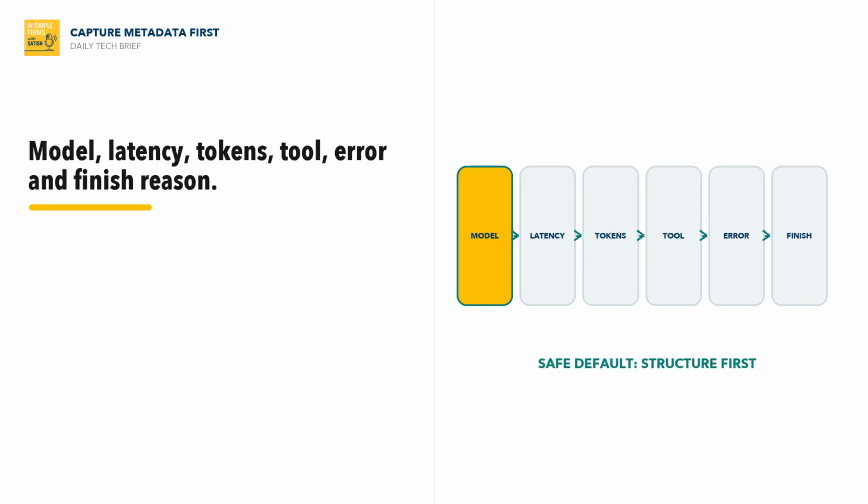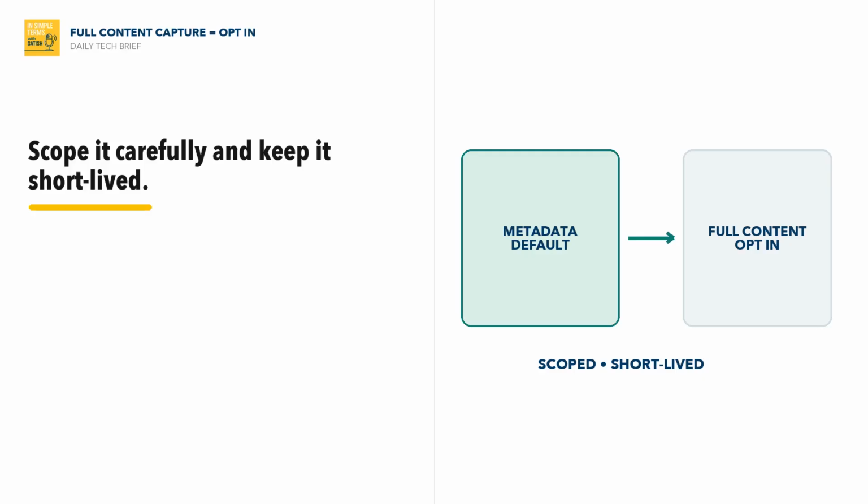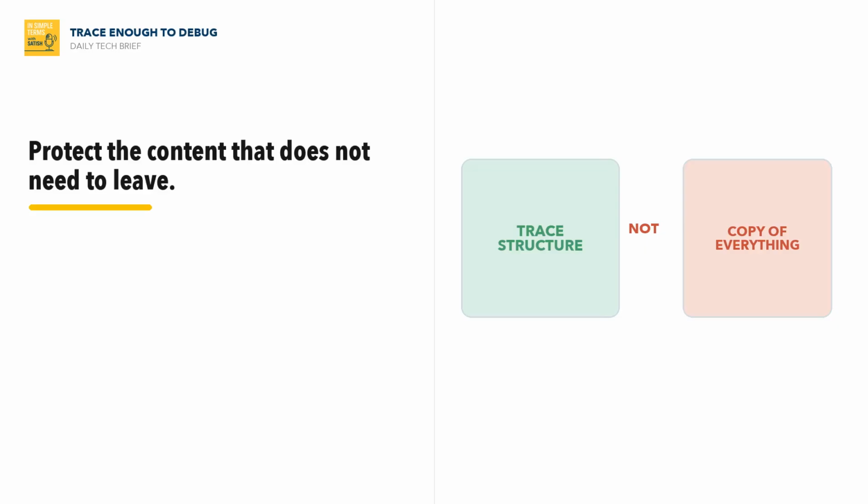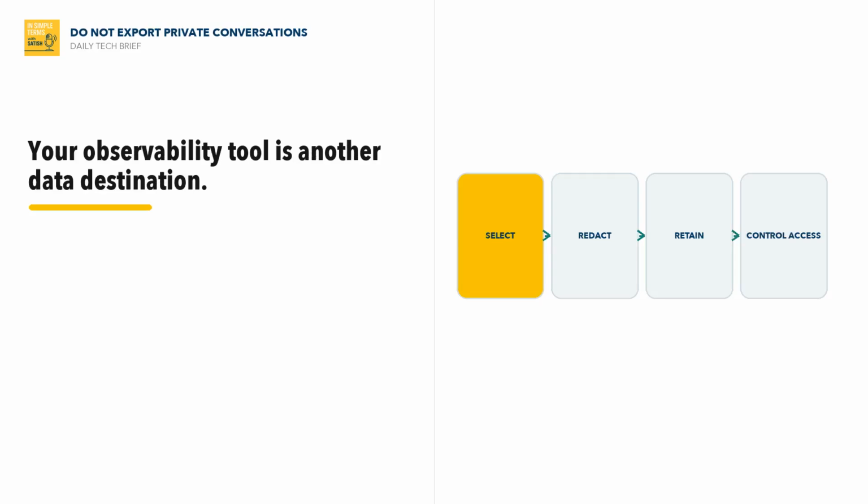So the safe default is to capture metadata first: model, latency, token count, tool name, error type, and finish reason. Full prompt and response capture should be opt-in, scoped, and short-lived. In simple terms, trace enough to debug the system. Do not casually export private conversations into your observability tool.